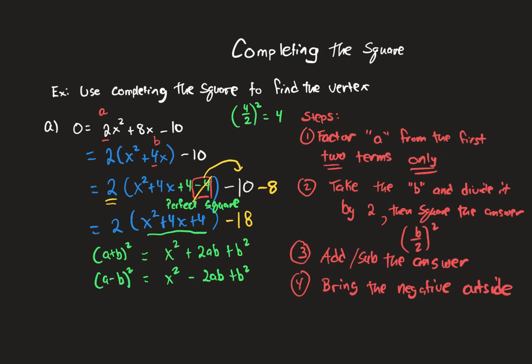So taking a look at our function here, our a value is 1, and our b value is 2. Remember, you're not using the 4. This is b squared. So I can turn this into, because it's a perfect square, x plus 2.